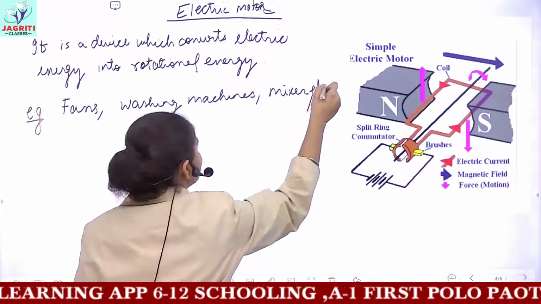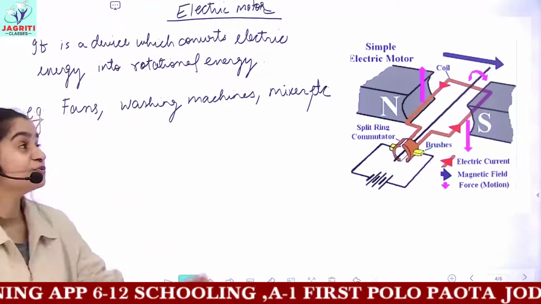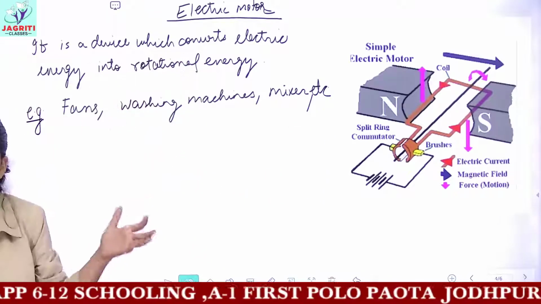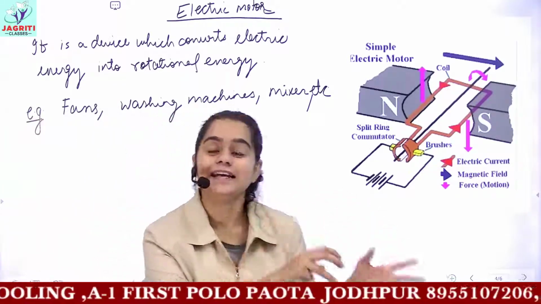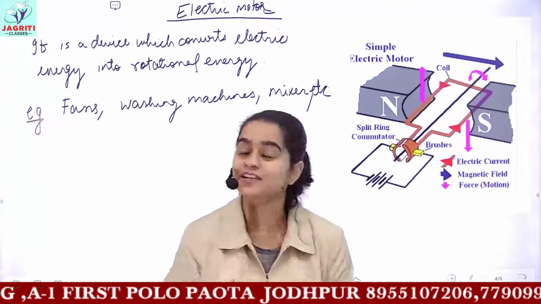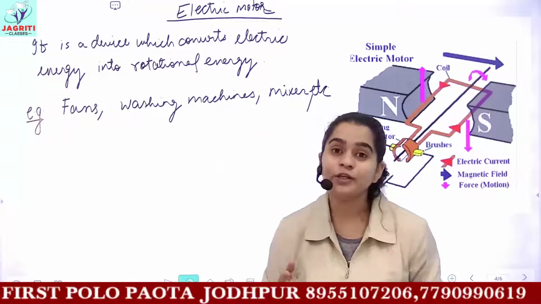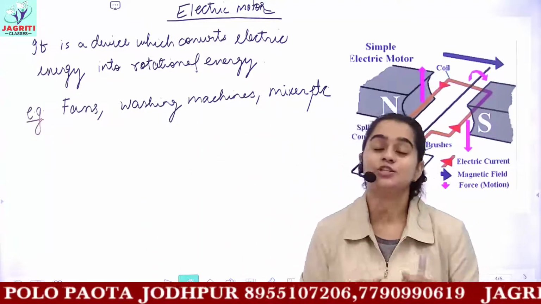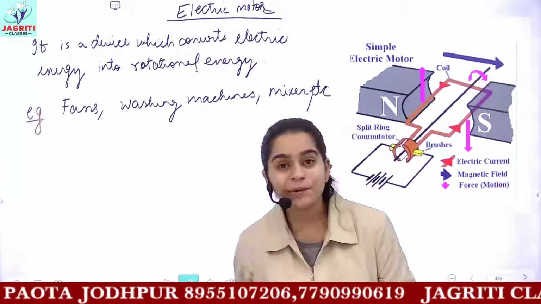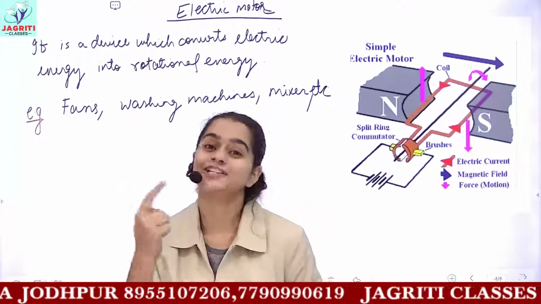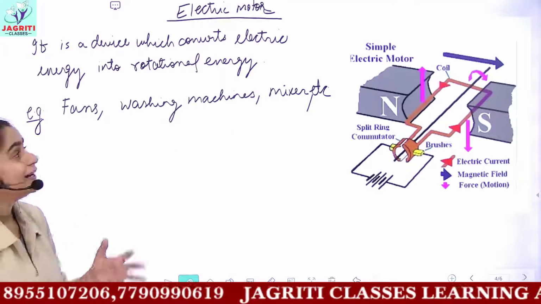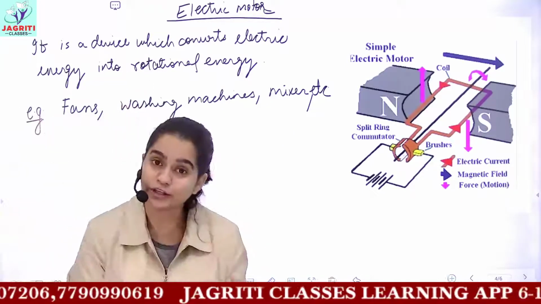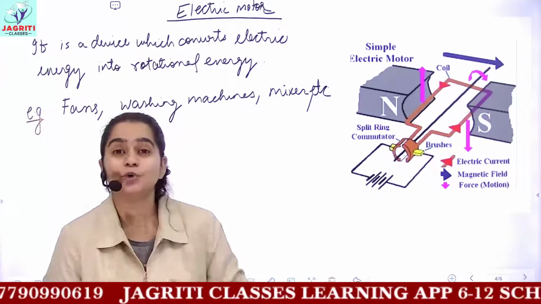These are some of the appliances which have an electric motor in them. Rotational energy is the kind of energy required by appliances to undergo rotational motion. Now we have to study the different parts of the electric motor and how it works.